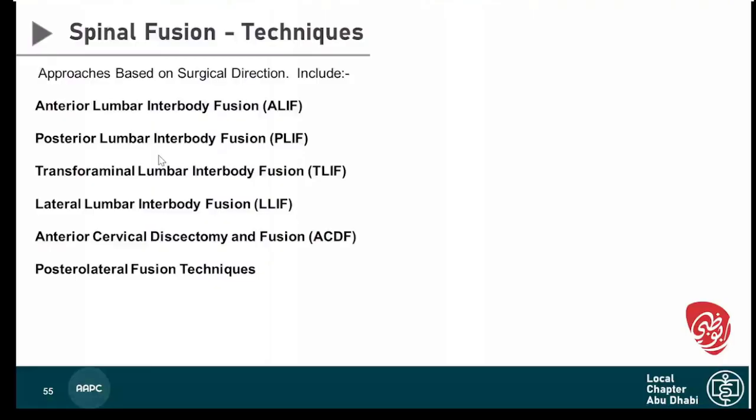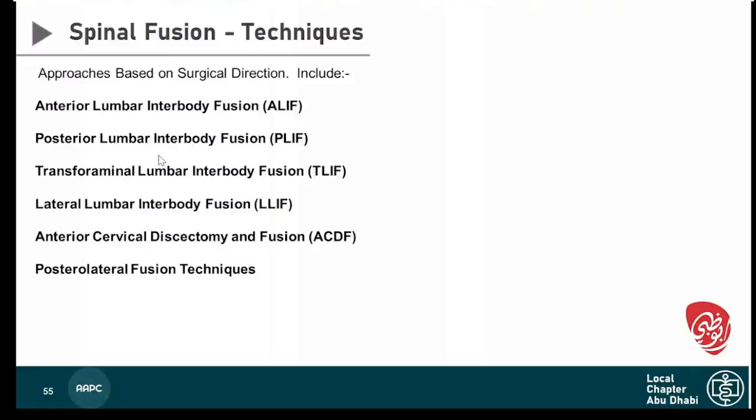So approaches are based on surgical direction. If the patient lies in a prone position, that is posterior. If a patient lies in a supine position, that is anterior. So we have to read the document or operative note thoroughly.